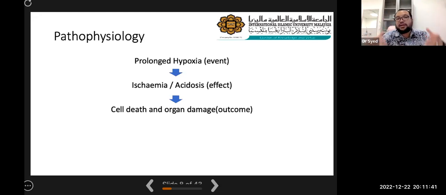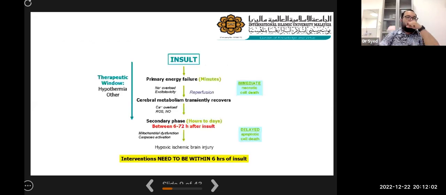So dia mesti ada an episode that causes hypoxia. So bila ada prolonged episode of hypoxia, that is the event. Prolonged hypoxia result in ischemia, and ischemia results in acidosis. So that's the effect. And the outcome is cellular death and organ damage.